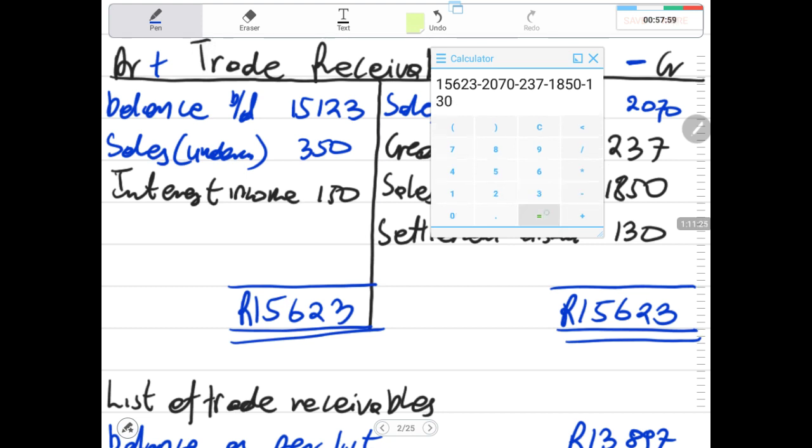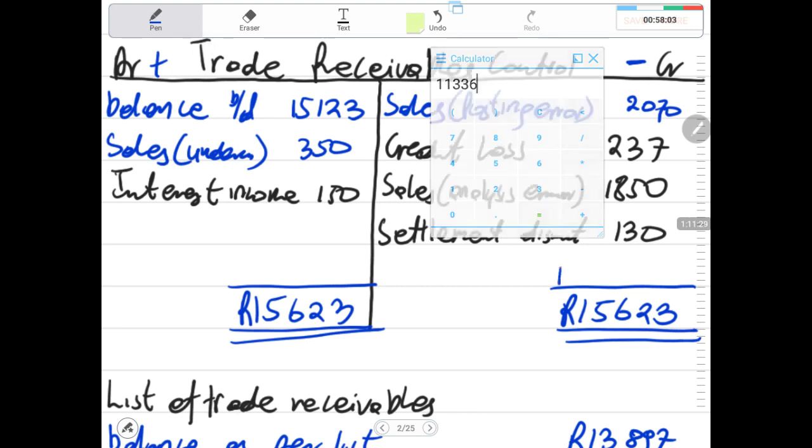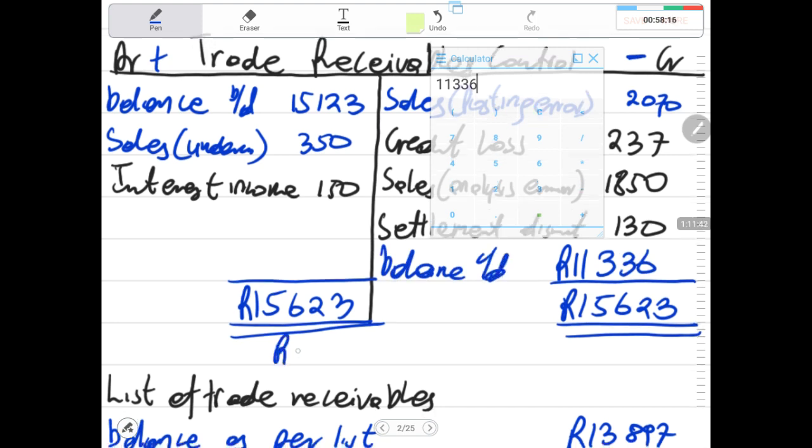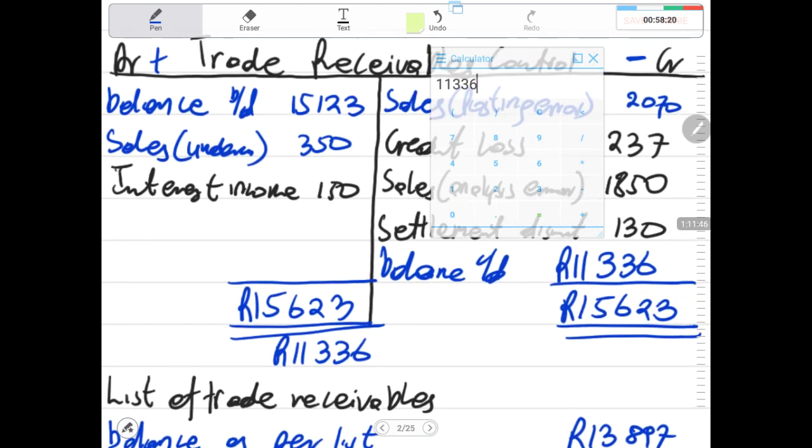We get a balance carried down of 11,336. This is our balance carried down. Then our balance brought down is 11,336. This is our balance brought down.